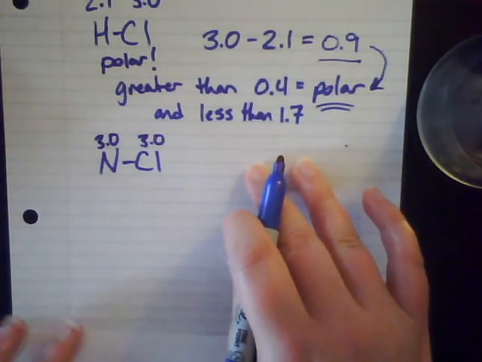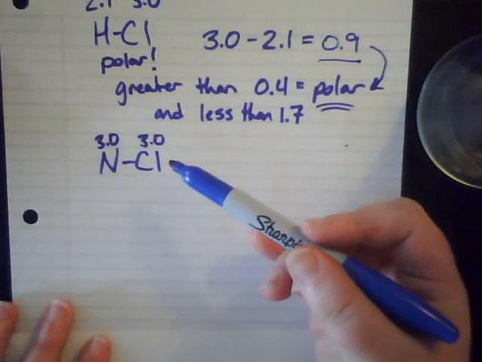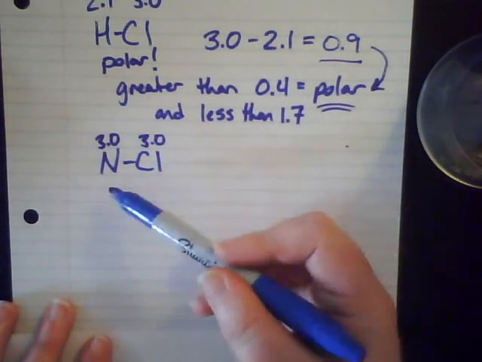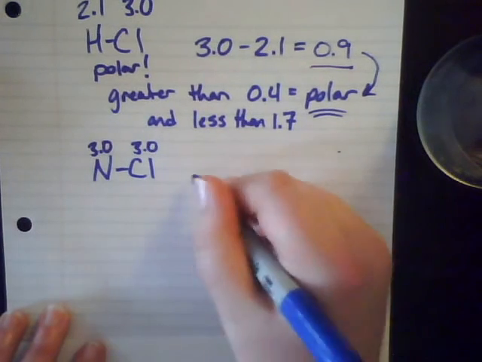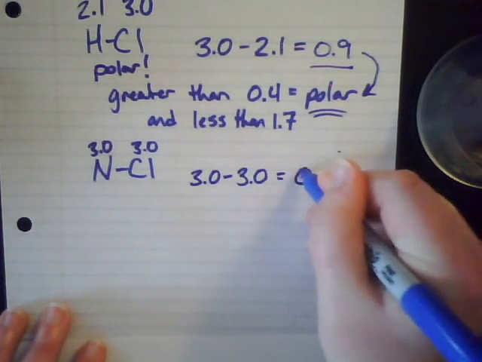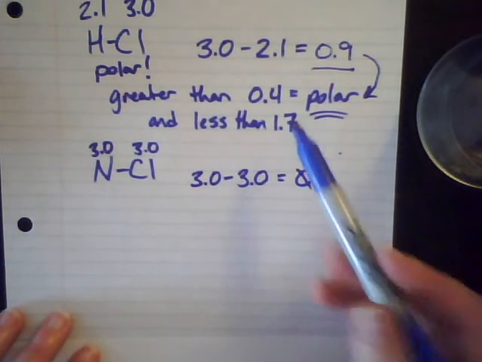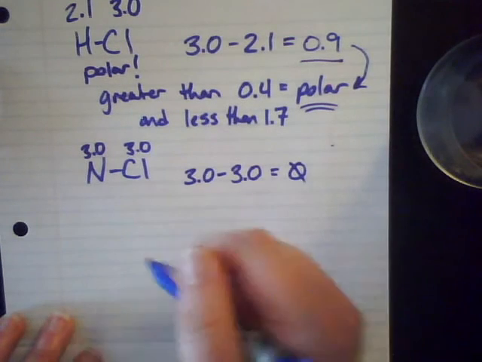So just looking at that, I should say, all right, there's no difference between them. And if there's no difference in the electronegativity, then it means they must be equally sharing the electrons. And again, you can confirm that by just taking the difference, because they're the exact same number. That gives you 0, which is less than 0.4, and anything less than 0.4 is nonpolar.